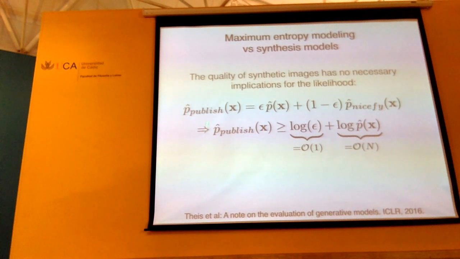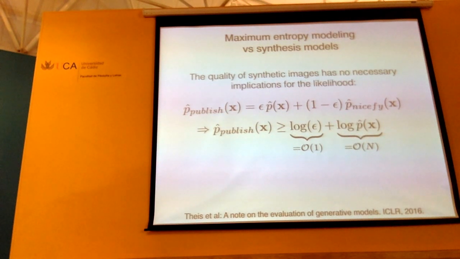This should be log of p, which is larger or equal than the sum of these logs, because this product can be turned into a sum. And since images are very high dimensional, this term here is of order n, and this term is only of order 1. So even if you only sample with a very small probability from the model with high likelihood, it will dominate the likelihood of this mixed model.